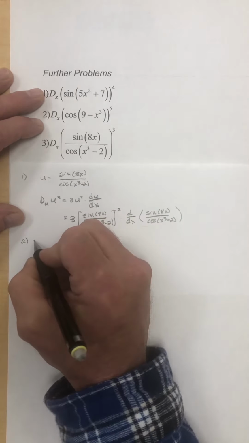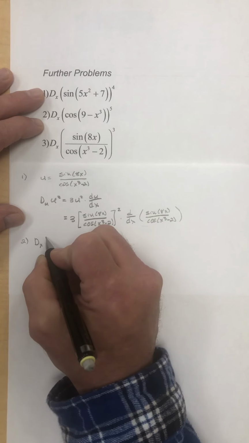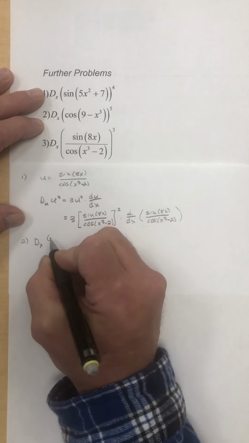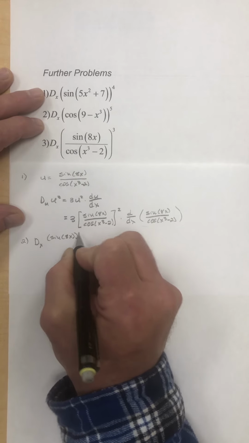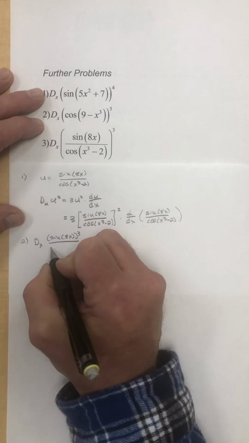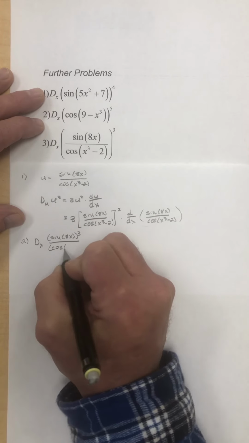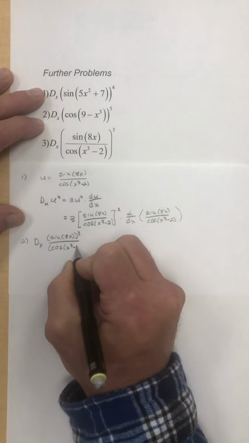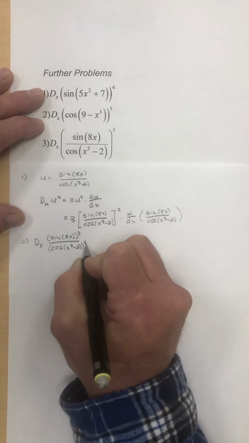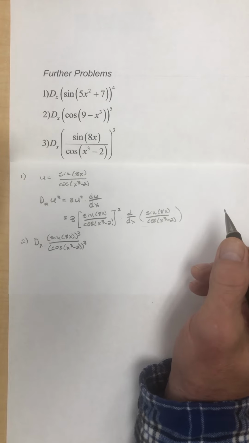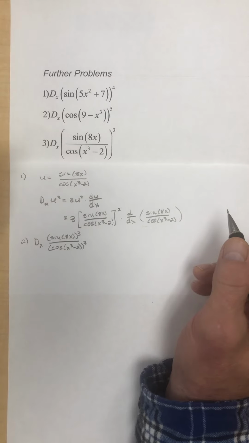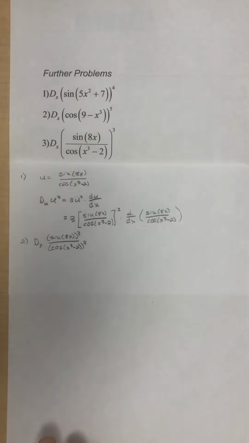So we could write it as the derivative of sine of 8x cubed over cosine of x cubed minus 2 cubed, like that, and then just go straightforward quotient rule. And then obviously within the quotient rule, you're going to have to use the chain rule. That's another way to do it. And then there's a third way to do it.